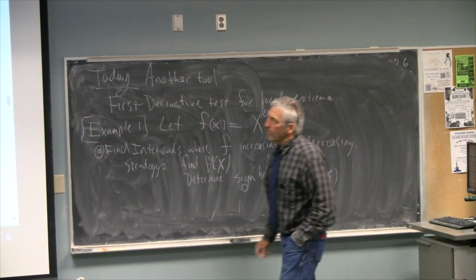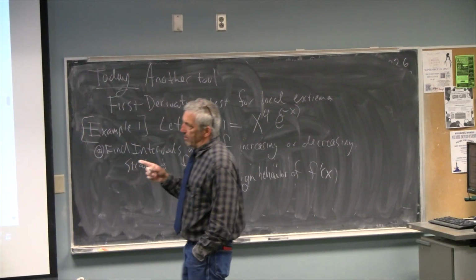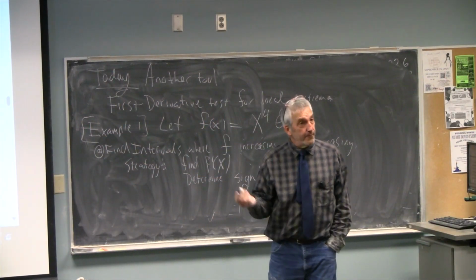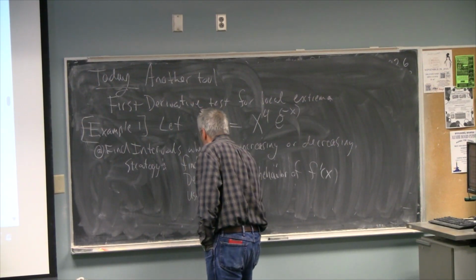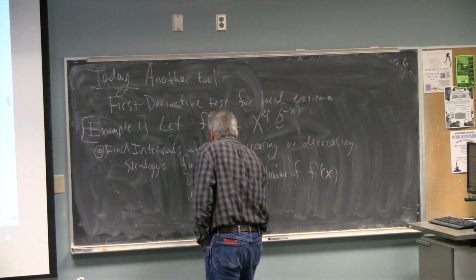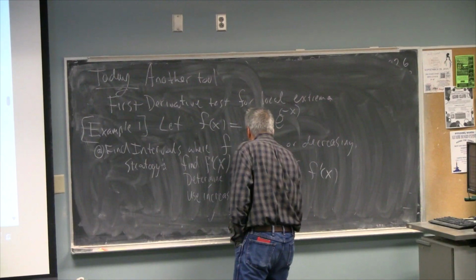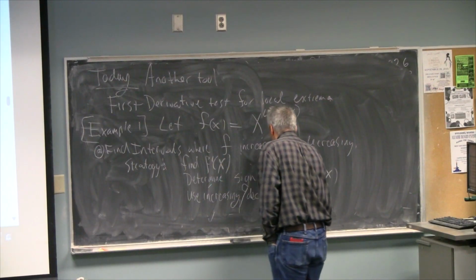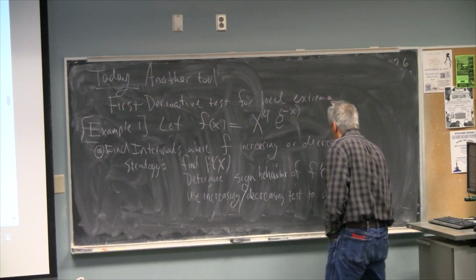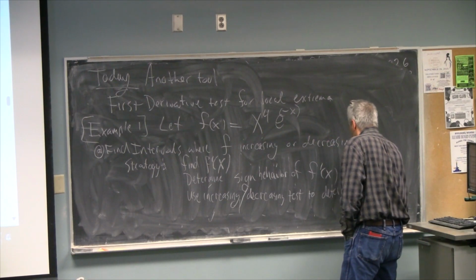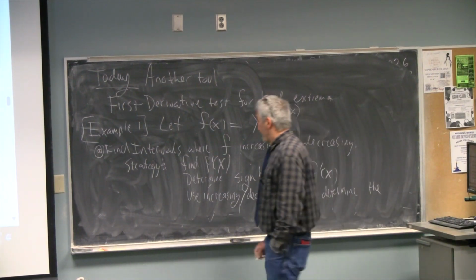And then once we know where f prime is positive and negative and 0, that'll tell us where f is increasing and decreasing. So we're going to use the increasing decreasing test to determine the increasing decreasing behavior of f.